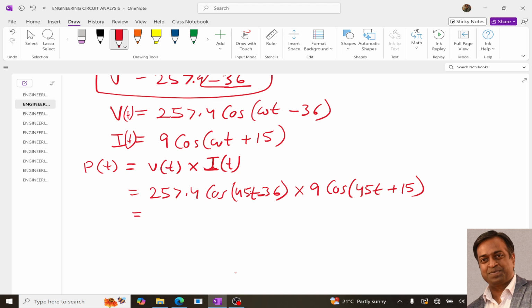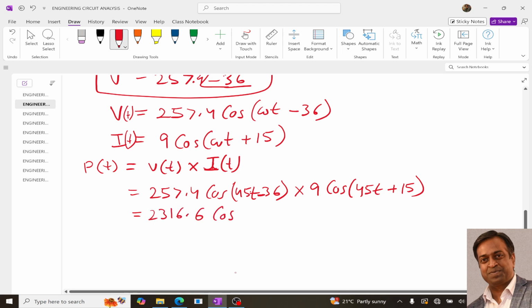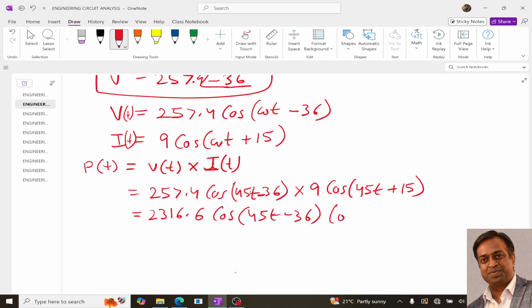Solving this, we get 2316.6 cos 45t minus 36 cos 45t plus 15.